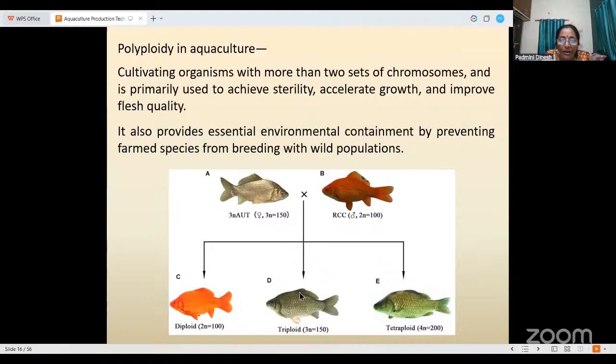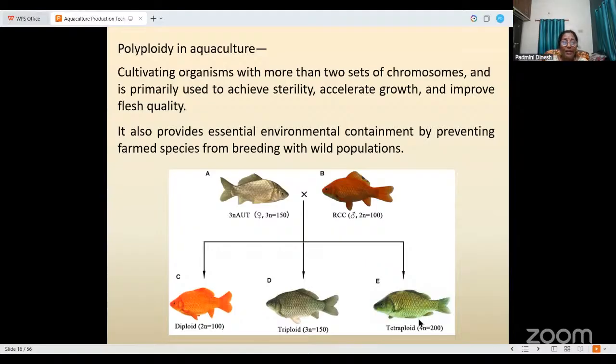But if you get a combination of these two, now you get a tetraploid at 4N. This is 3N, this is 2N, but neither of these two is of the character that you find in this offspring. What you got is a tetraploid 4N at 200 chromosomes, right? So it got 200 chromosomes, the 100 from here and 100 from here, of this particular type of fish.